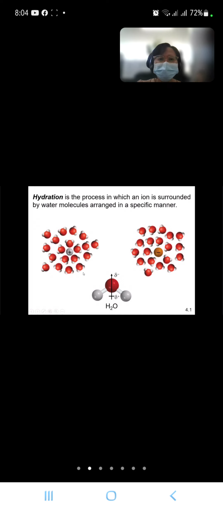Now in the hydration process, imagine this as water molecules. In a molecule of water, there is one atom of oxygen, and this red colored ball represents our oxygen.